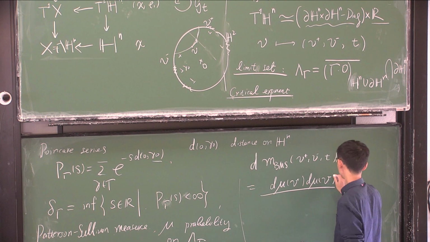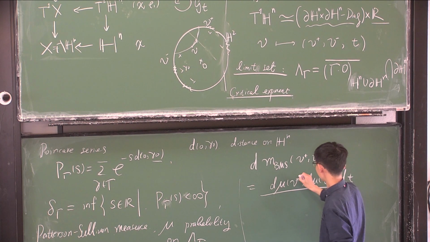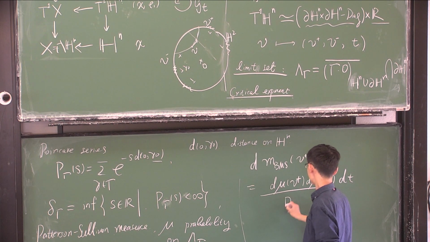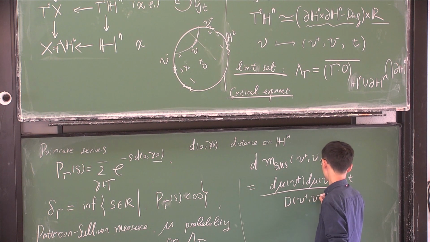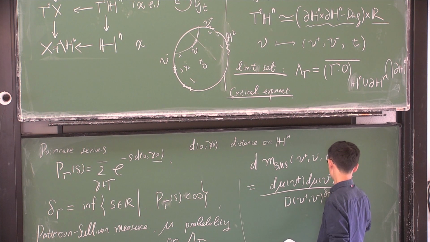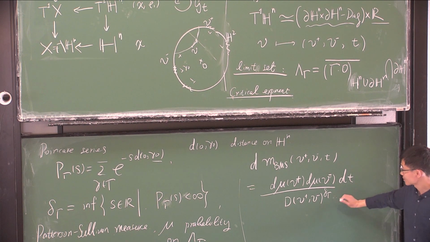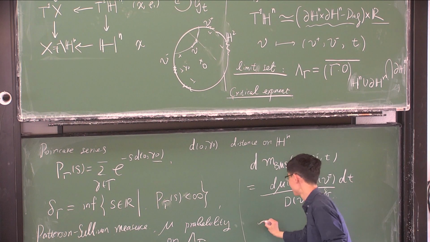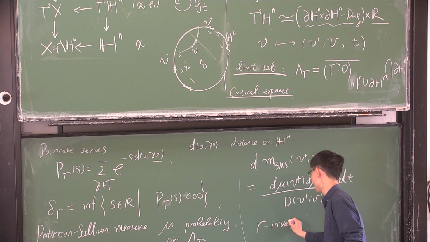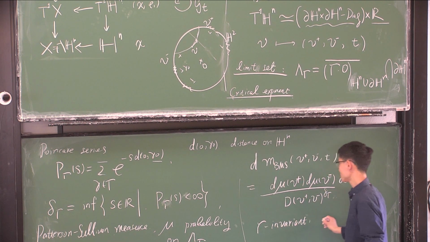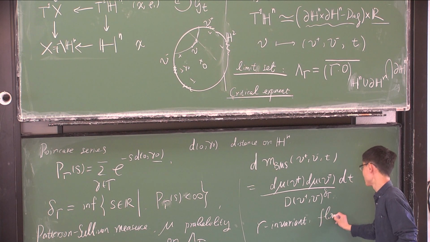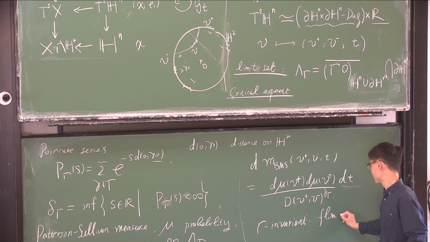Here you need to do some correction, given by some distance between v plus and v minus, to the power delta. The formula is not very important, but the important thing is that after you put them together and do the multiplication, you get this measure. The good thing about this measure is that it is gamma invariant, and also flow invariant, just because we do nothing in the flow direction.